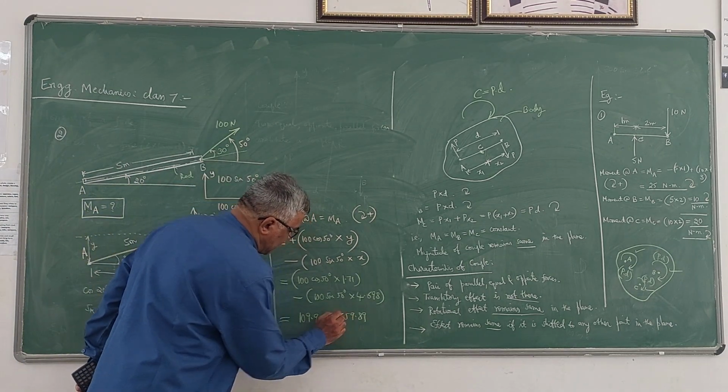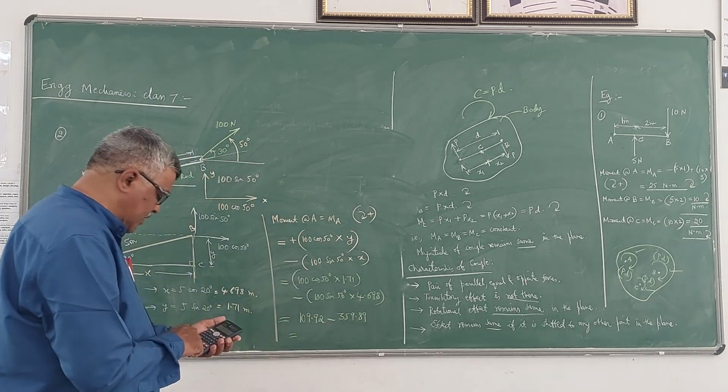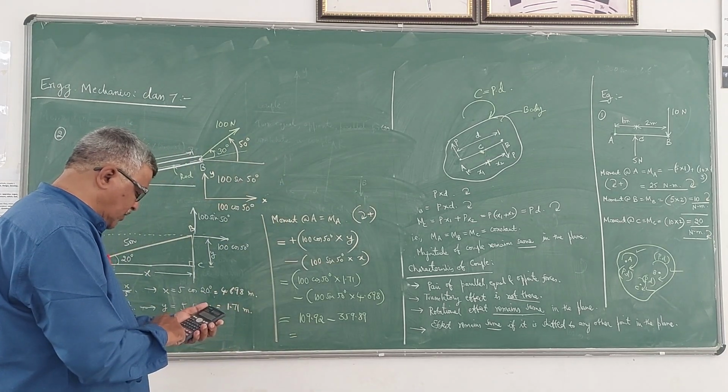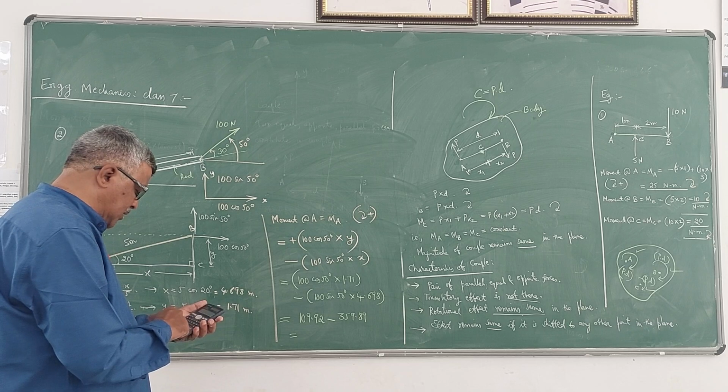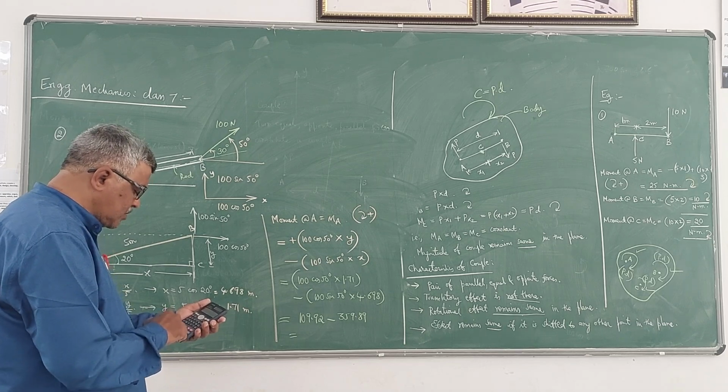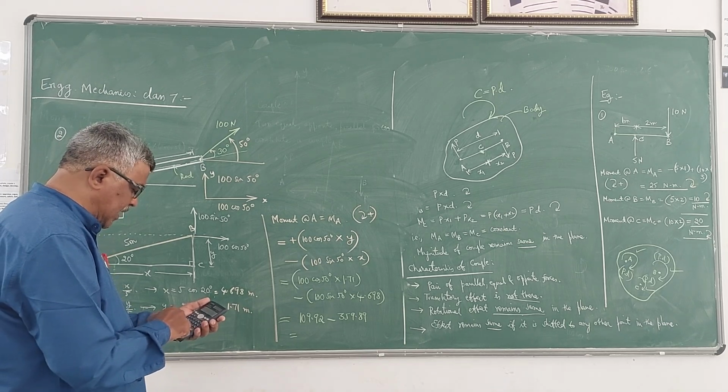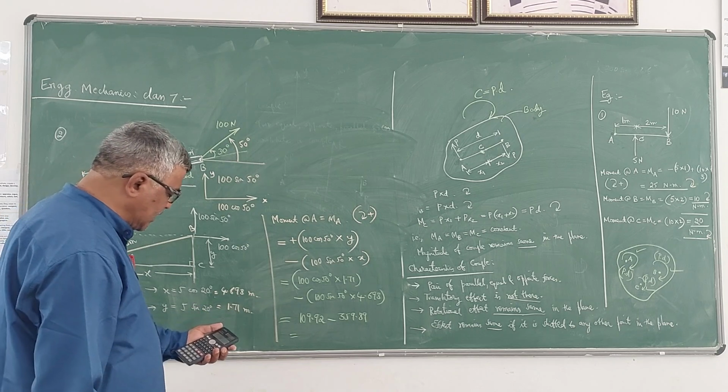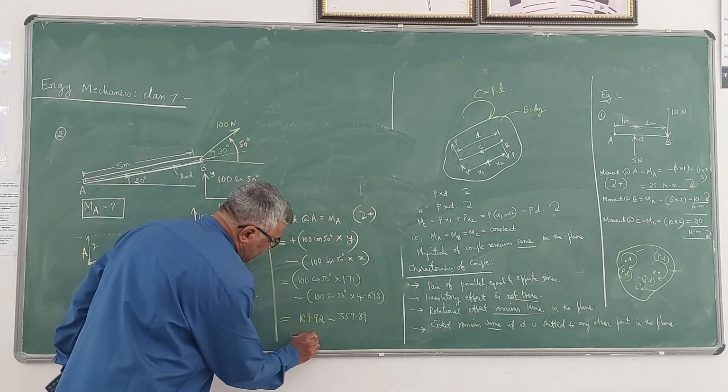So the answer is 109.92 minus 359.89, which is minus 249.97.